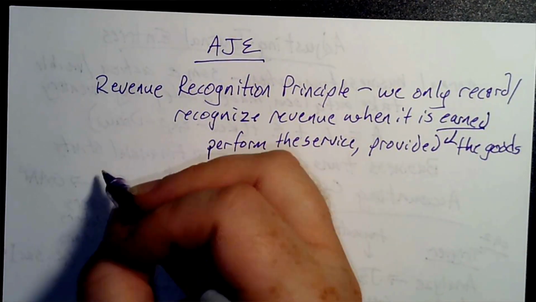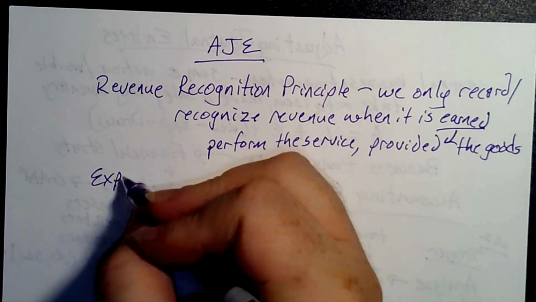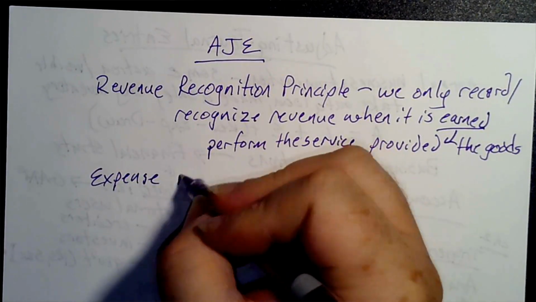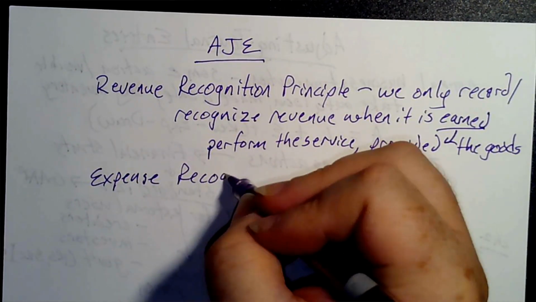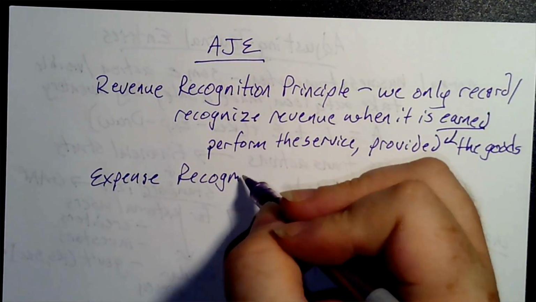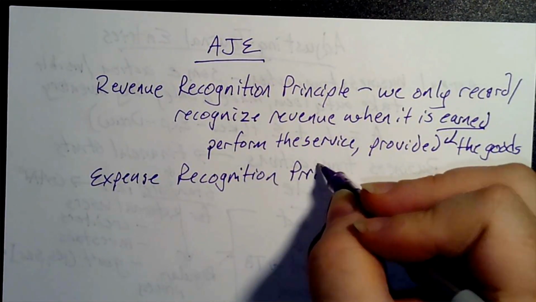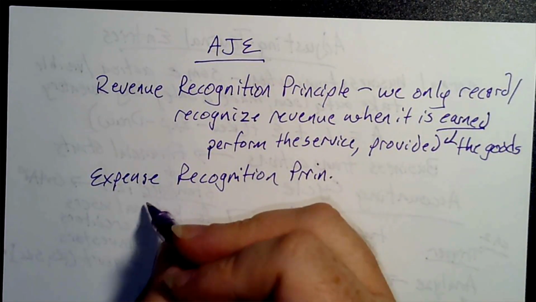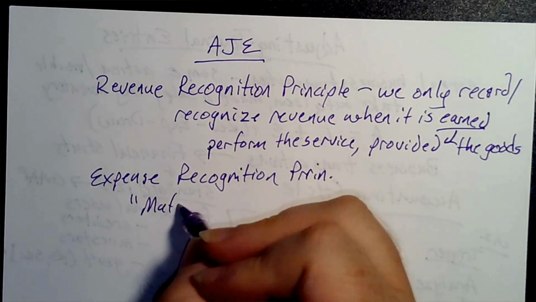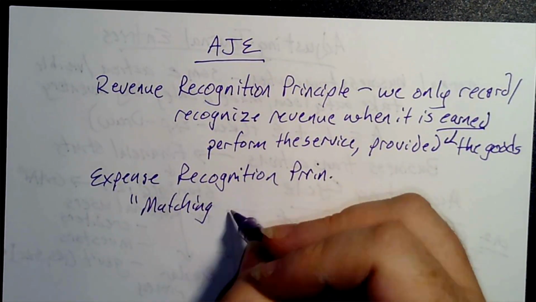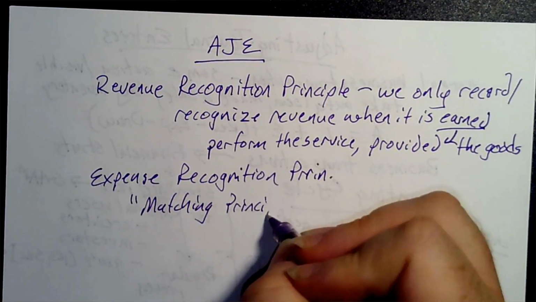The other principle is something called the expense recognition principle. And a lot of times we call this the matching principle, which I will show in just a second.